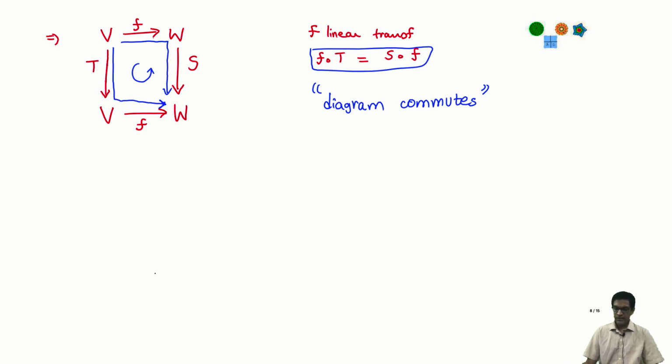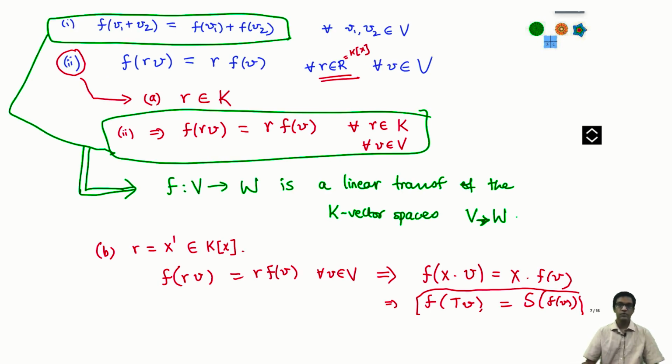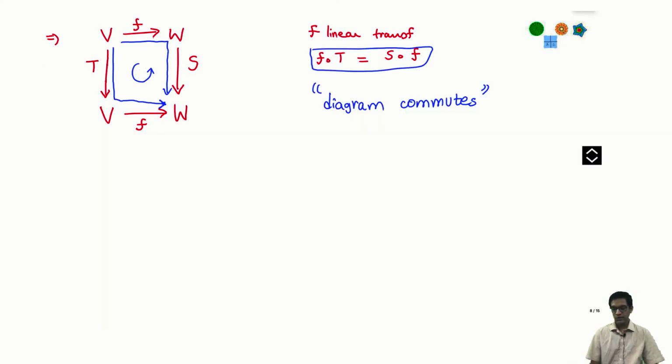Of course you can say that we still haven't used the full force of the hypothesis. We only plugged in r to be a constant and we took r equals x to the power 1. What about other polynomials? What about r equals x squared, x cubed? What about 1 plus x squared, and so on? It turns out all of those don't really add any more information.